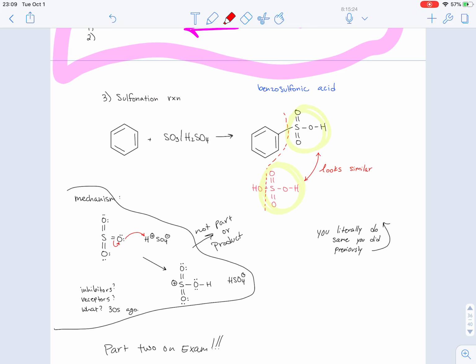I know I got it right. Ignore this. He was just showing us the mechanism of this becoming that. I hope that makes sense. Anyways, here you go.